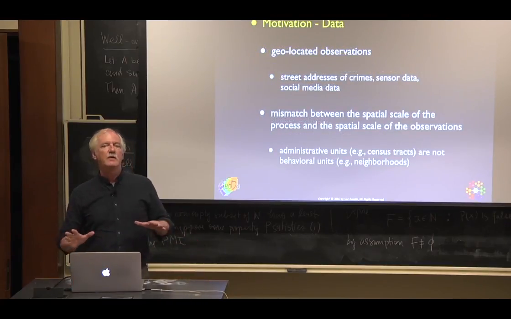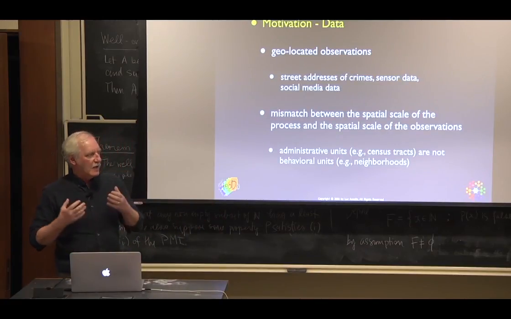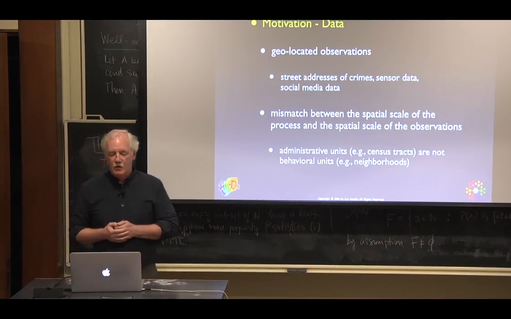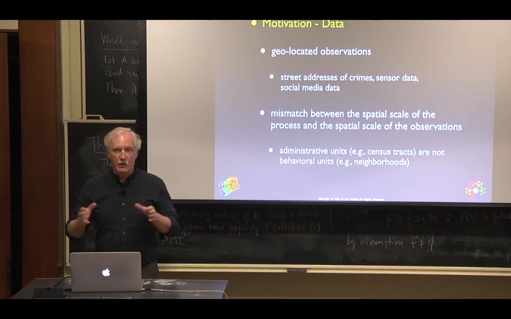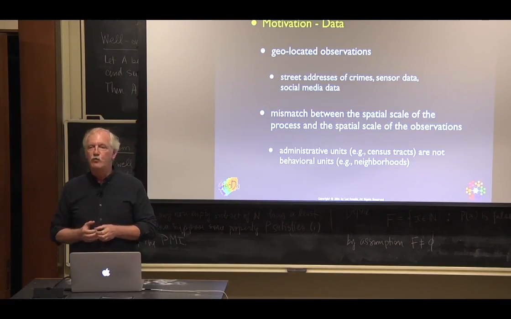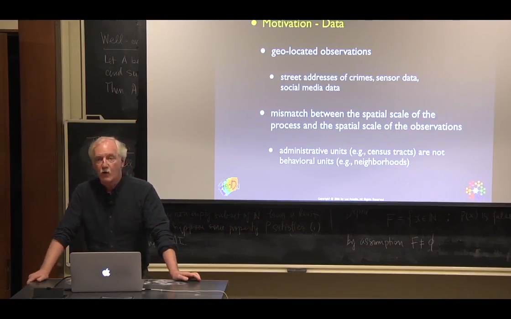So as I mentioned, a first dimension of the motivation is substantive, actually understanding phenomena. The other dimension is more practical, and it's the data. And there's been a major change over the years. When I started working in this area, very few data had the locational context with it. Now just about everything has. So we have a lot of what we call geolocated observations.